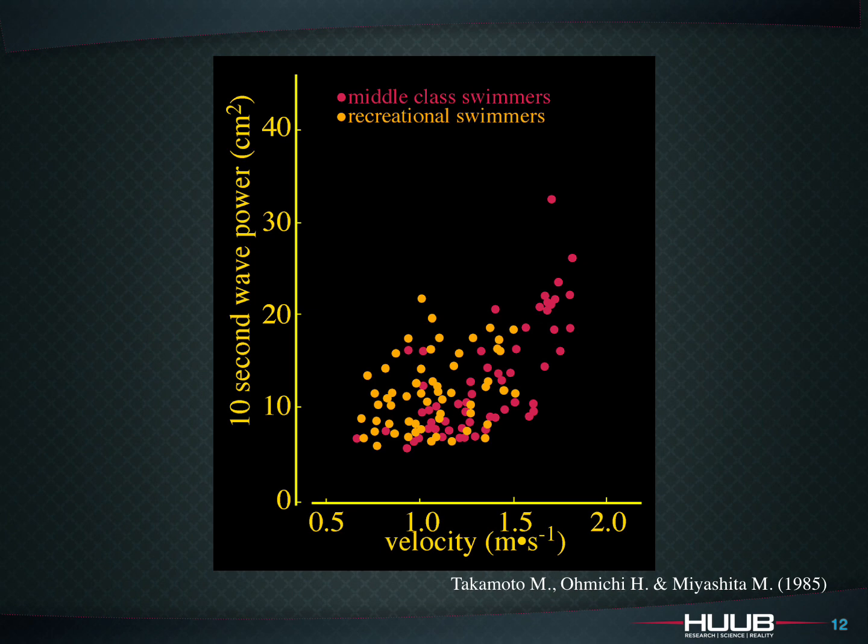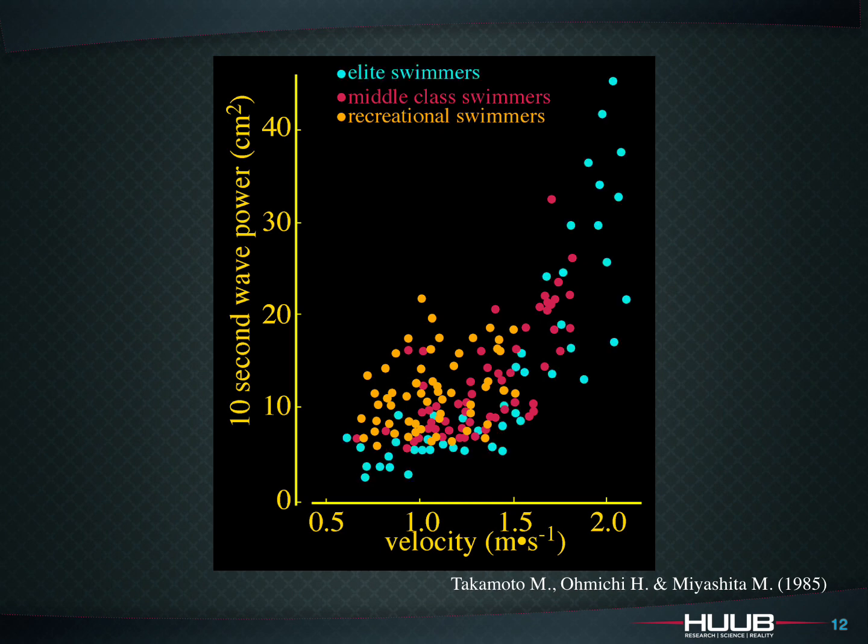But they had also middle class swimmers, and you see that the blob is going a little bit to the right, but also a little bit down. And then there were, of course, elite swimmers who can swim much faster, and then there's much more wave formation at the high end of the speed, but also at the lower speeds you see that the blue dots are very much lower than the orange dots of the recreational swimmers.